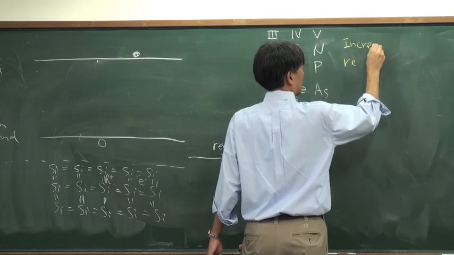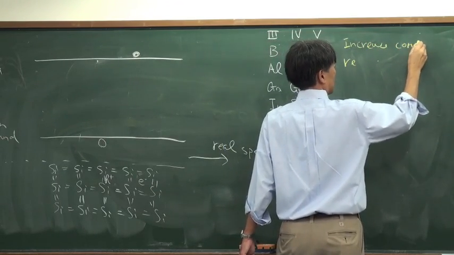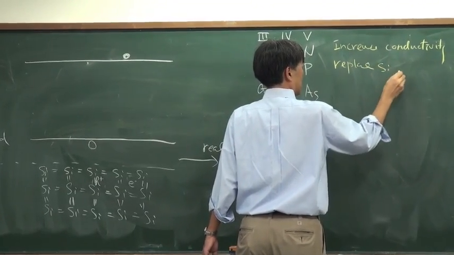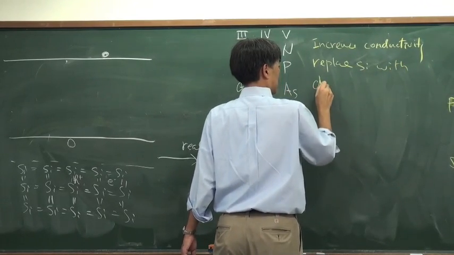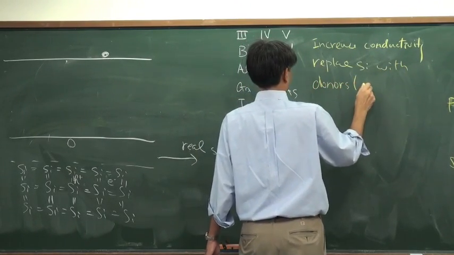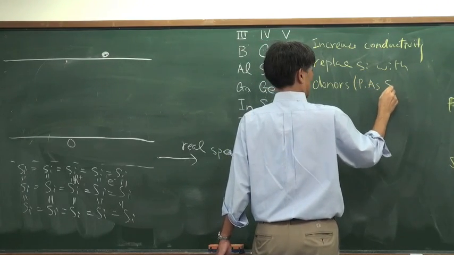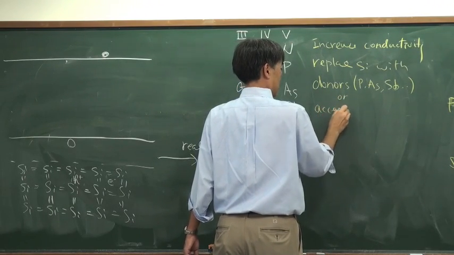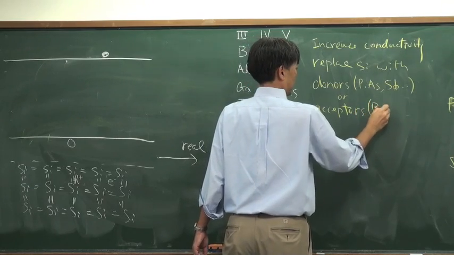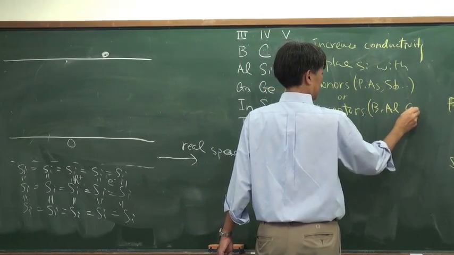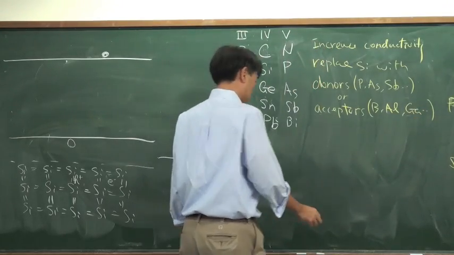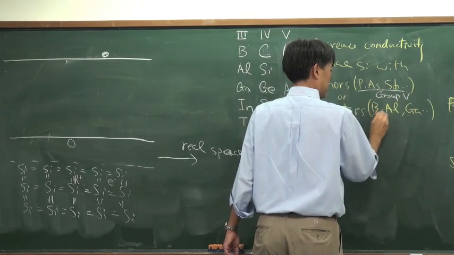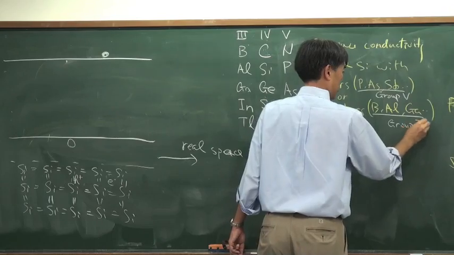We can replace silicon with donors, that is usually phosphorus, arsenic, antimony, and so on, or acceptors, boron, aluminum, gallium, etc. So this is group 4, this is group 5, sorry, and this is group 3.